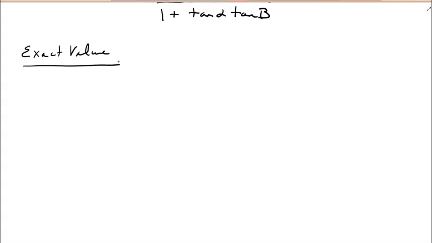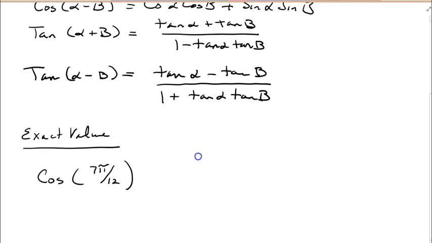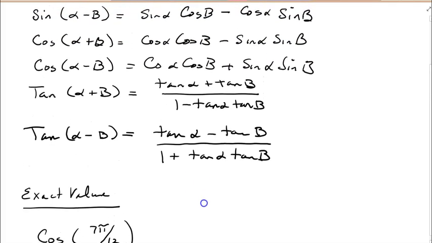So suppose I wanted the exact value of, let's do cosine of 7 pi over 12. Well, what you need to do is think about how can I take 7 pi over 12, break it into two angles where I either add those two angles to get 7 pi over 12 or subtract them to get 7 pi over 12.